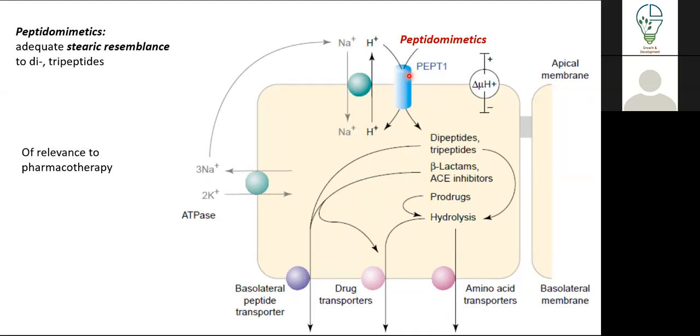A lot of the drugs that we use look like peptides, so a lot of antibiotics like penicillin, and a lot of antihypertensives like angiotensin converting enzyme inhibitors, ACE inhibitors, enter through this transporter, and then they go through their drug transporters into the blood.